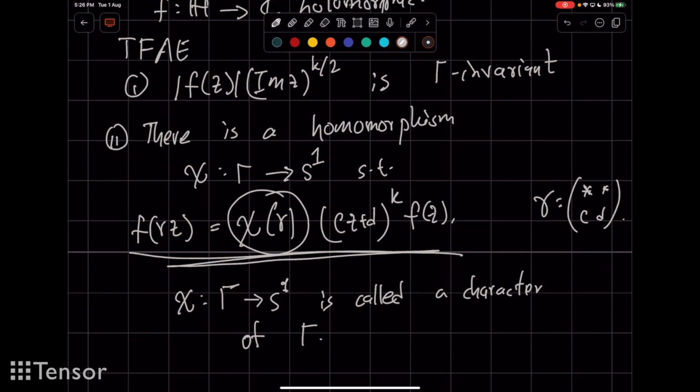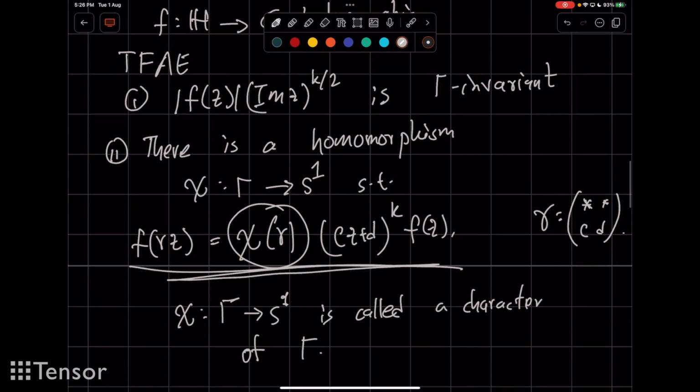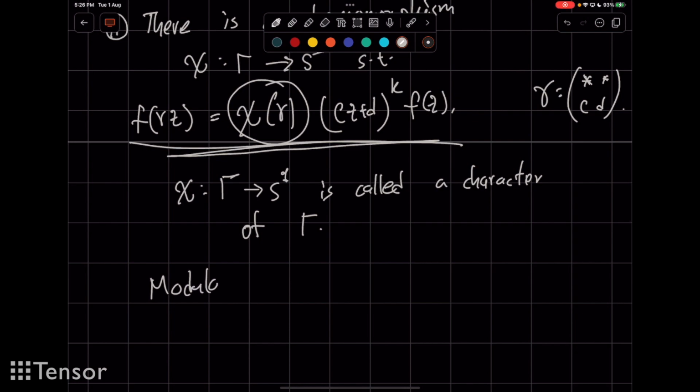We are going to prove this theorem, but let us state some observations. This theorem basically motivates us to define a more general notion than modular form, that is, modular form with character. The definition is almost identical.